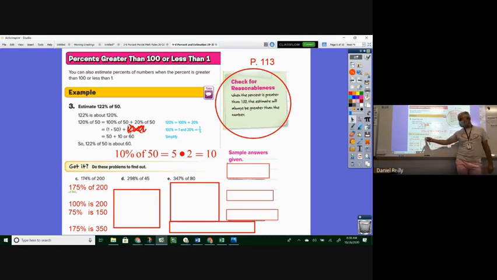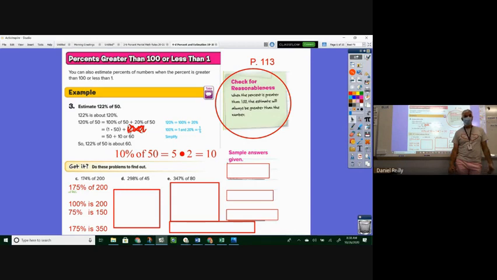298% of 45. I'm never going to do 298%, I'm going to round that off, I'm going to estimate that to be about 300%. 300% of 45, what's the easiest way to do that?